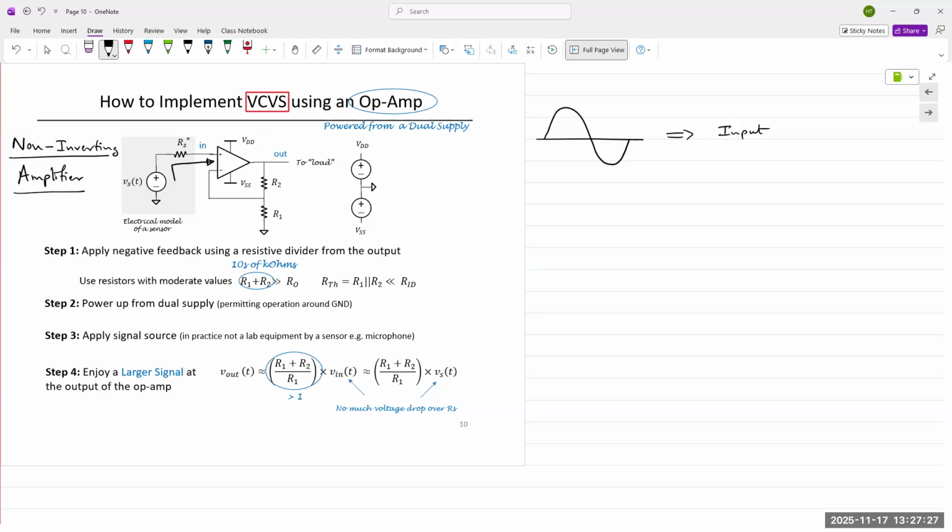And let's call this the output. This is known as the phase of the waveform. If the output has the same phase, it is known as non-inverting. This is for AC, not for DC.